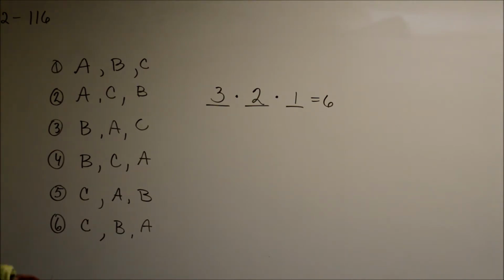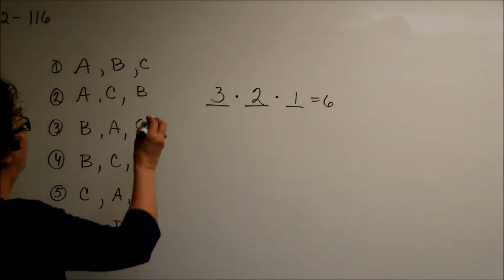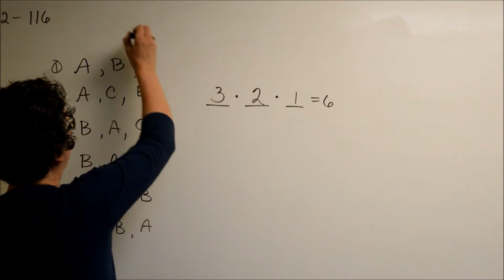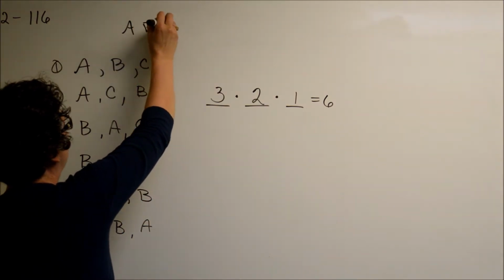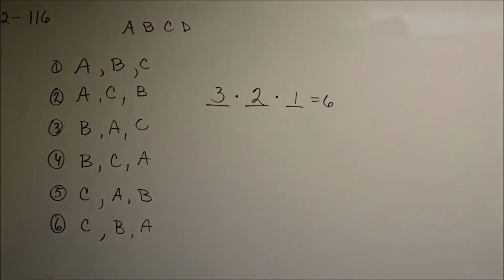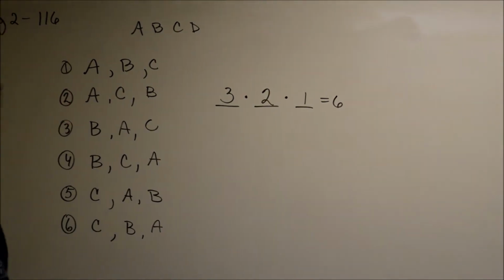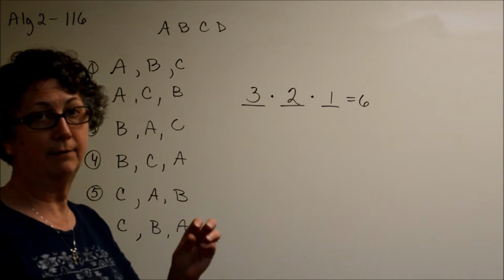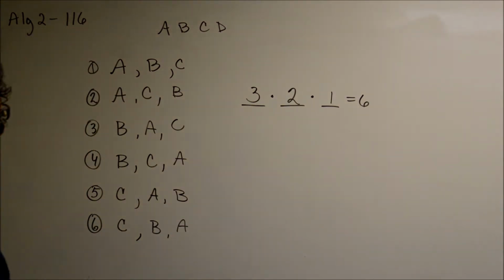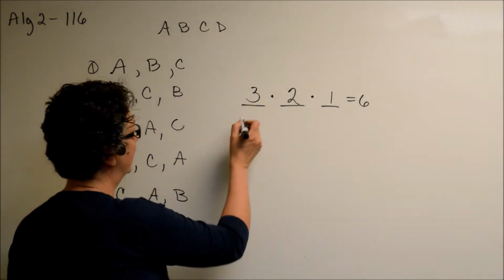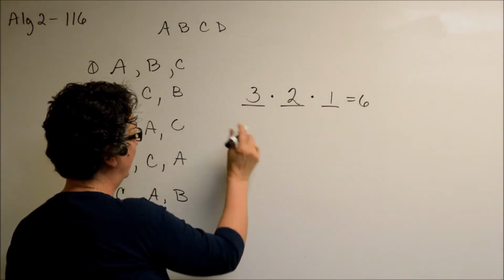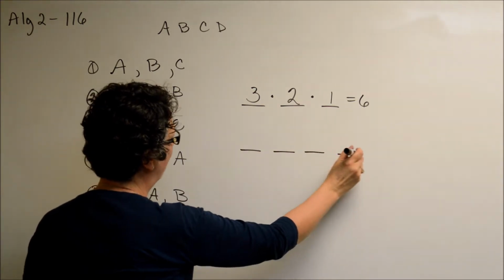And if I added a D, A, B, C, D. If I added a D to my mix, so now go in little brother or sister's room and get a 4th block, what's that going to change? How's that going to change my list? I propose that it actually means I got 4 I need to arrange.